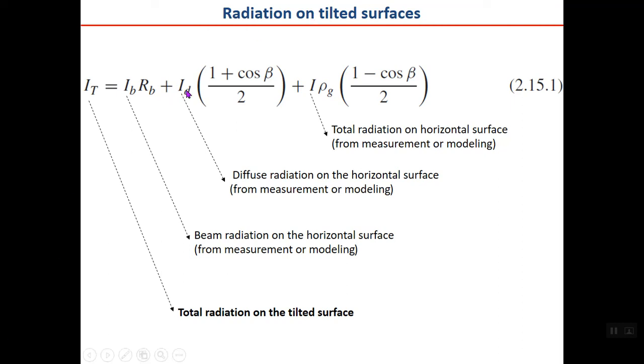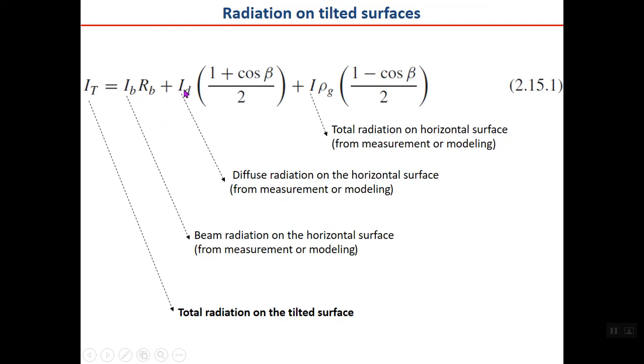But generally, diffuse and beam measurements are not available, because in many meteorological stations, beam and diffuse radiation is not measured on the horizontal surface. Just the total radiation is measured. So, if you have the measured data for ID and IB, use them. I wrote here: from measurement.